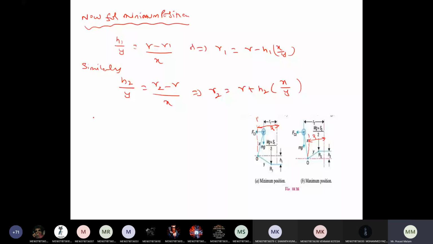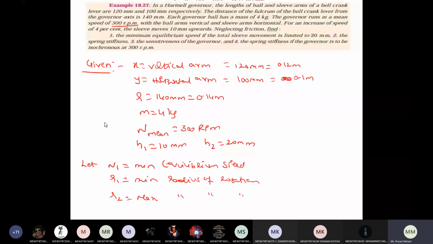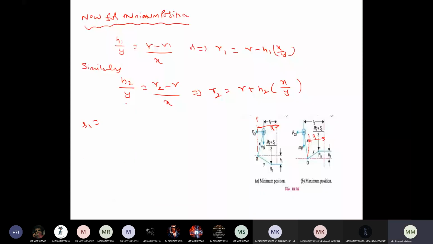r1 is equal to r minus h1 into x by y. What is the r value given in the problem? r is equal to 140 mm, that is 0.14 meter. h1 is 10 centimeters, which is equal to 0.01 meter.